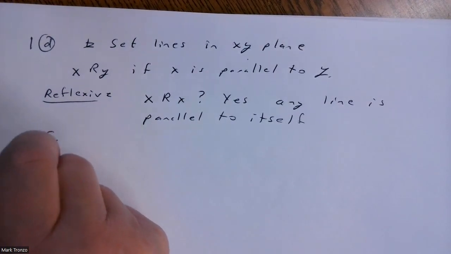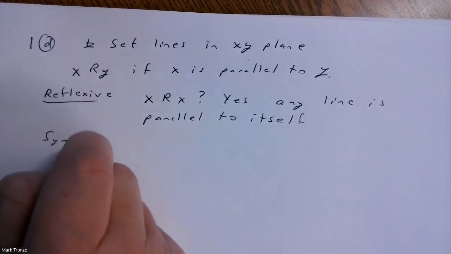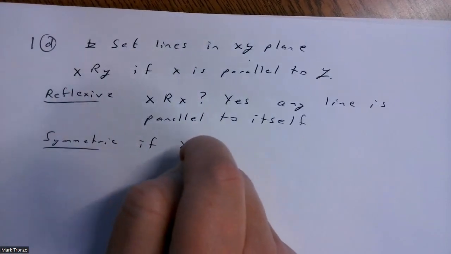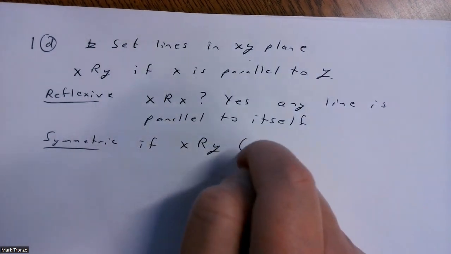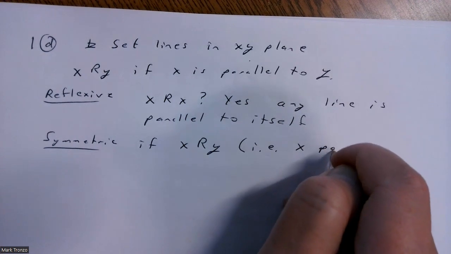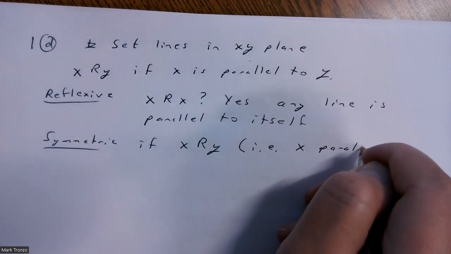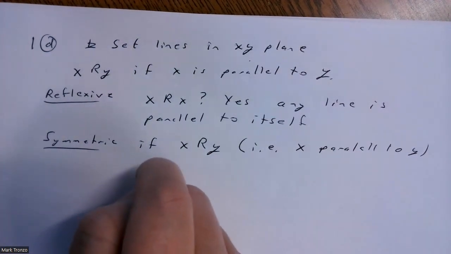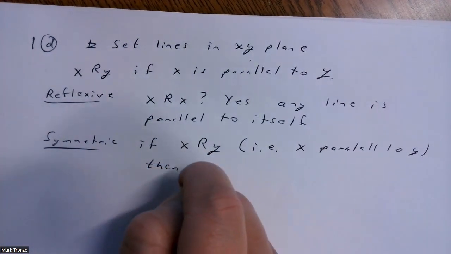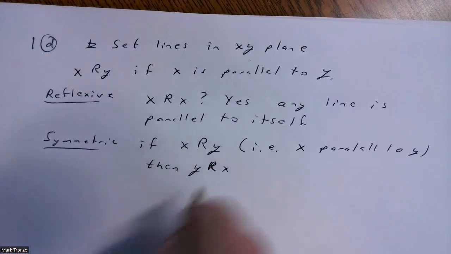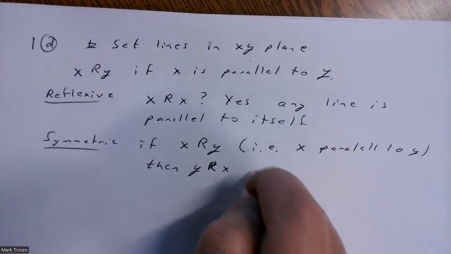And symmetric: if X is related to Y, i.e., X is parallel to Y, then of course Y is going to be parallel to X. So that one's pretty easy.